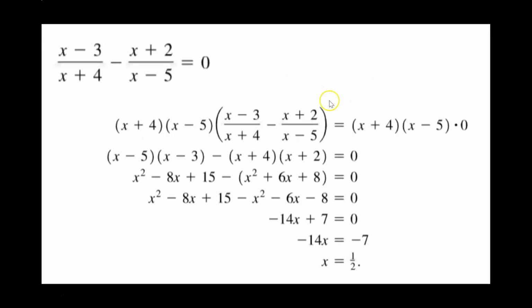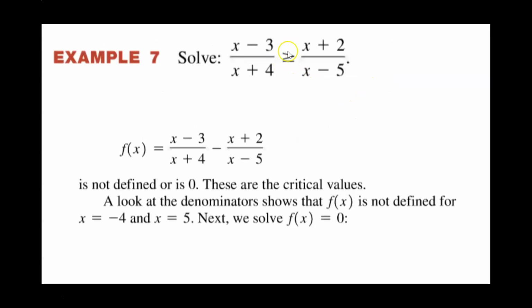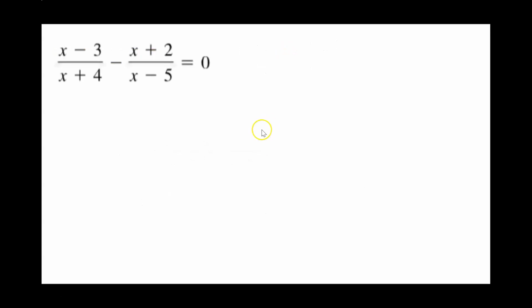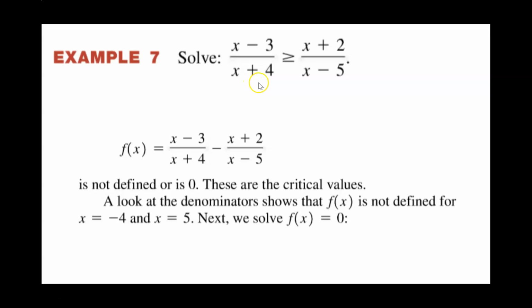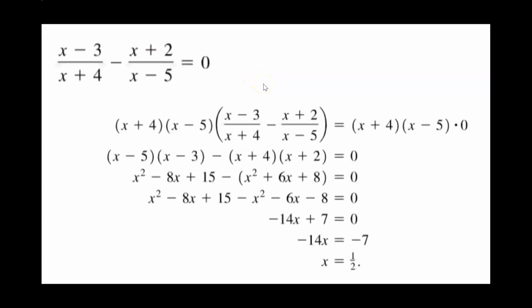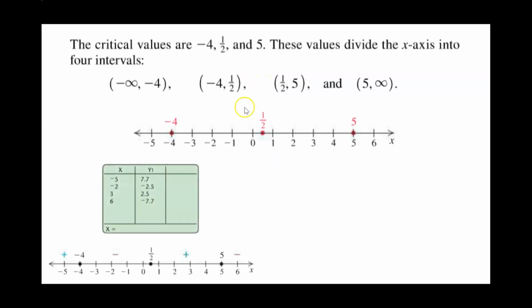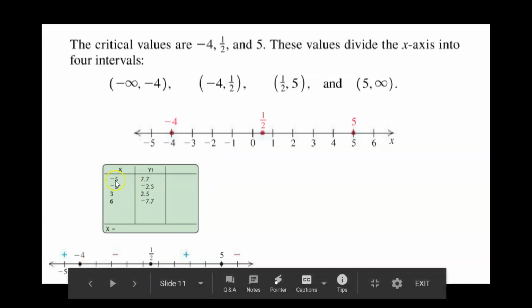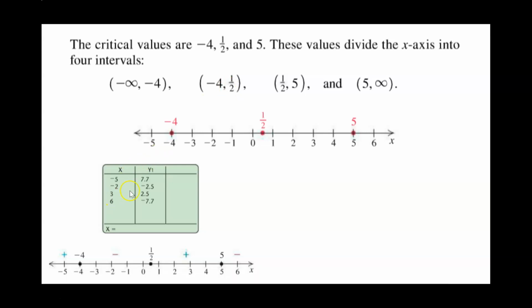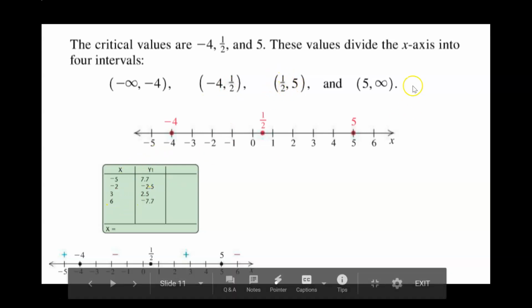And what answer are we looking for in this particular one? Here, we're looking for something to be greater than 0 once we move this over. If it's going to be greater than 0, it needs to be a positive answer. So we're looking for positive answers in this case. We chose -5 from here, -2 came from here, 3 came from in between here, and 6 came in between here. Put in our calculators.